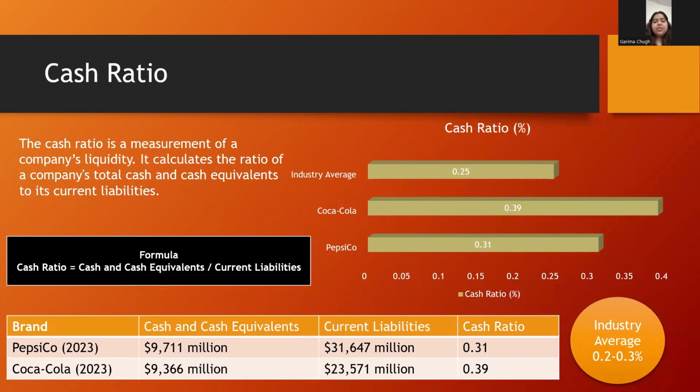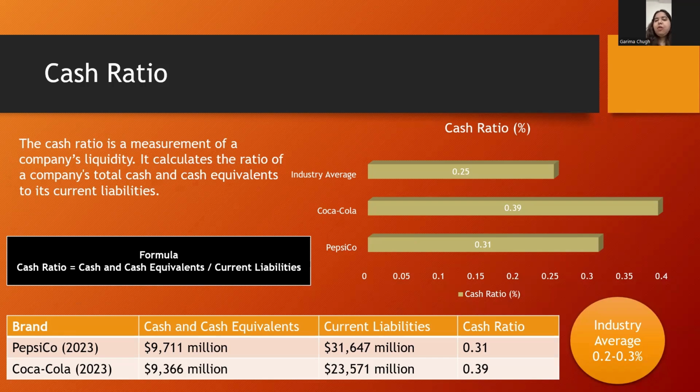Okay, so cash ratio. The cash ratio is the most conservative liquidity measure as it only considers cash and cash equivalents. To calculate it, we can divide the company's cash and cash equivalents by its current liabilities. The graph suggests that PepsiCo has a cash ratio of 0.31, while Coca-Cola's is slightly higher at 0.39.